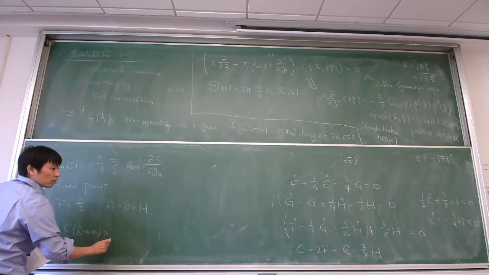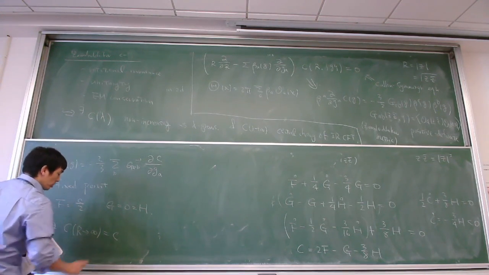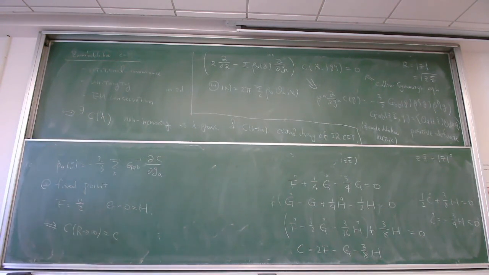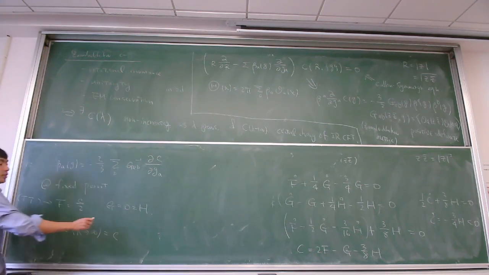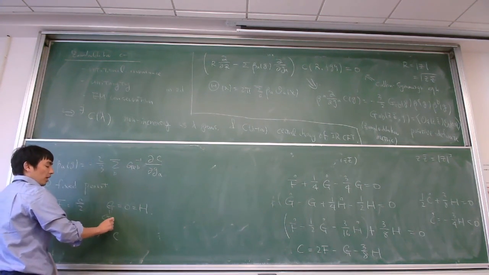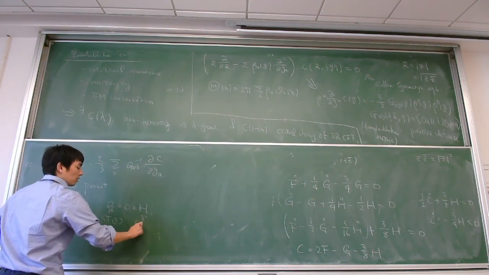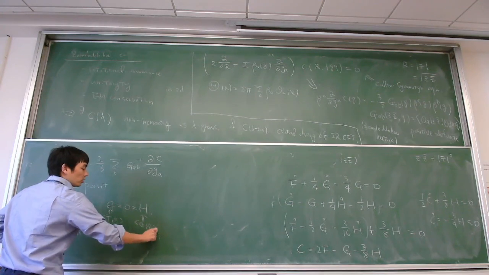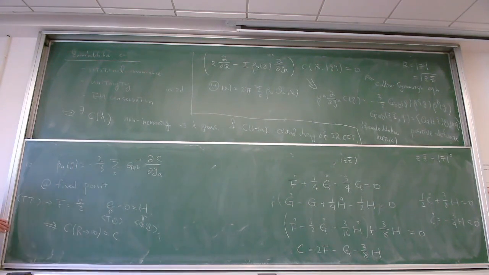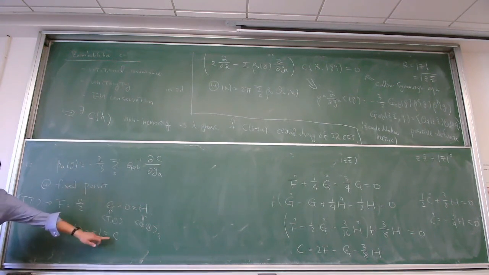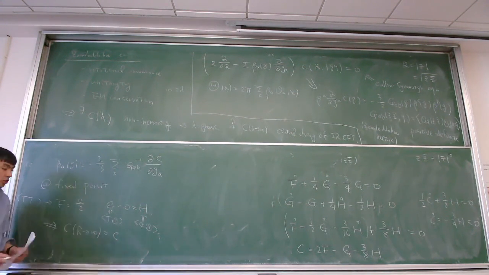This is equal to the central charge. So this is by definition. F is obtained from the TT correlation function, whereas these guys involve the trace, coming from the trace. So therefore, they should vanish at the fixed point. On the other hand, from TT you get C over 2, so you should obtain the central charge.